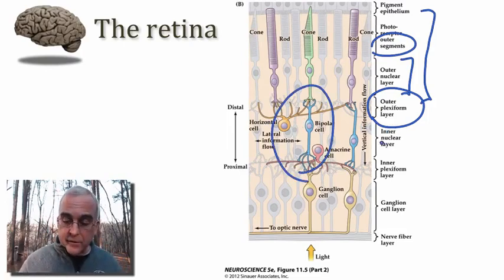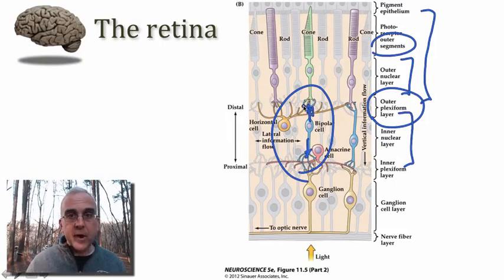Its cell body sits in the inner nuclear layer, and it's called bipolar because it extends processes in 2 directions. In the distal direction, it makes contact with the photoreceptor terminal. In the proximal direction, it makes contact with 2 of the remaining cell types in the retina.